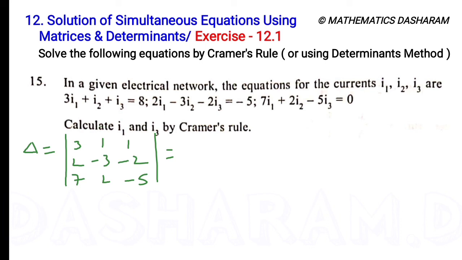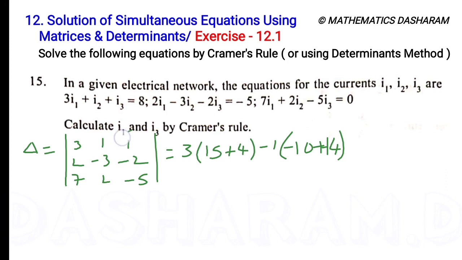The first element is 3: minus 3 into minus 5 is plus 15, and minus 2 into 2 is minus 4, so plus 4. Next, minus 1 into 2 into minus 5, which is minus 10, minus 2 into 7, which is minus 14, so minus of minus, plus 14.